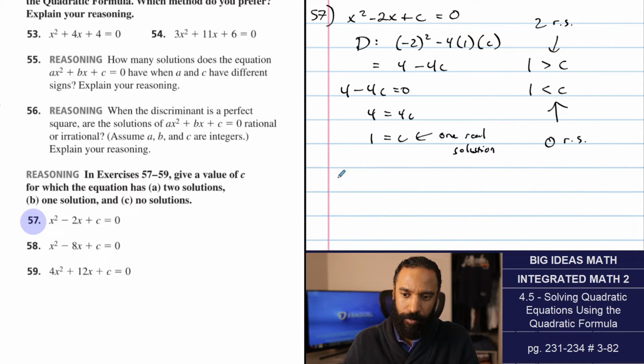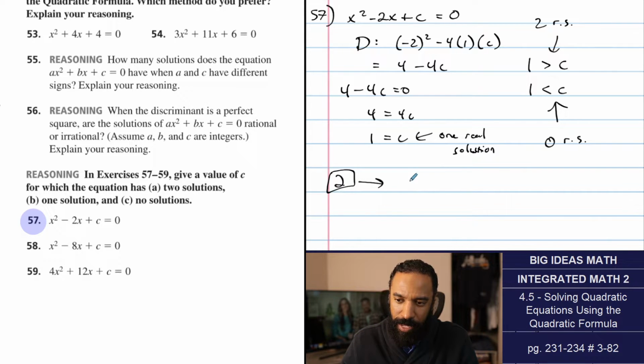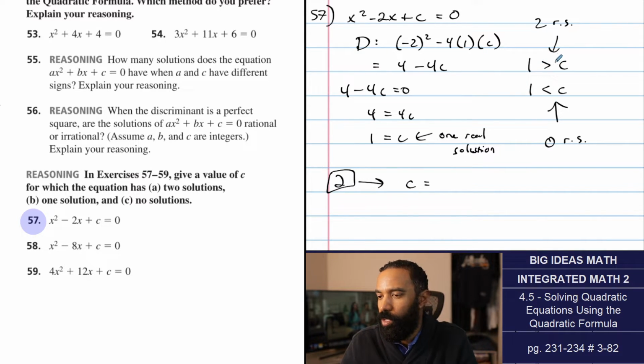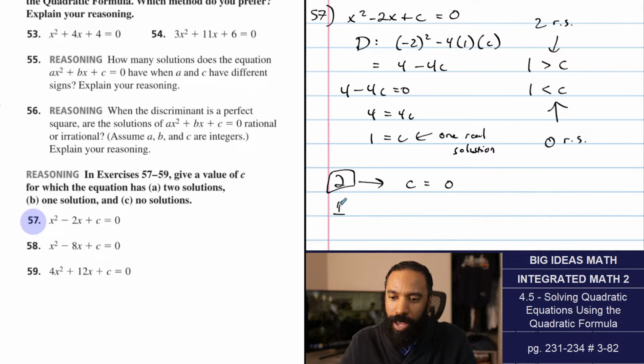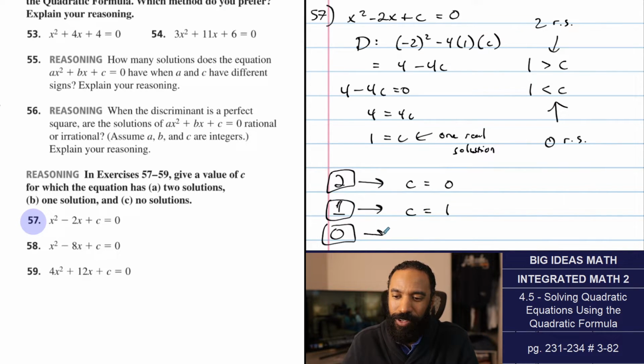So for two solutions, 1 has to be greater than c, so c can be 0. For one solution, c would have to be 1, and for none, c would have to be 2. There we go. Hopefully that made sense with what I did.